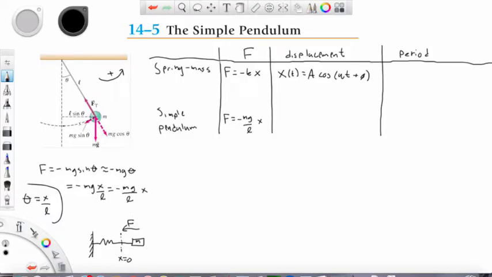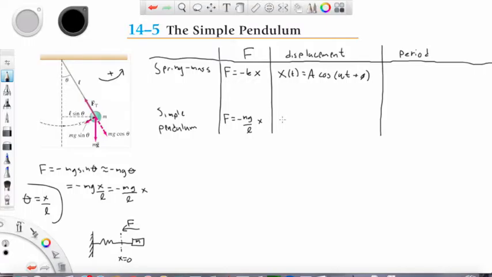This is exactly the same situation with this. When the pendulum has swung to the right, the restoring force is to the left, and the restoring force is in parallel with its trajectory at any given point. So between these two situations, there's fundamentally nothing different. So because this displacement expression follows from Hooke's law like this, the displacement for the simple pendulum must be exactly the same or similar.